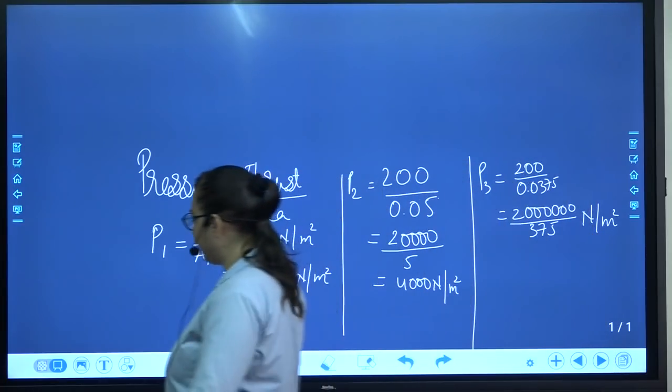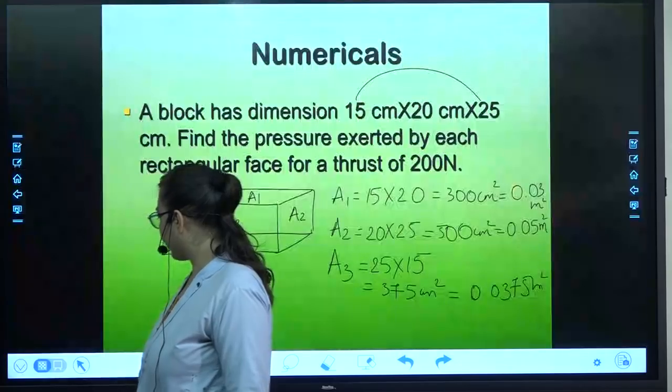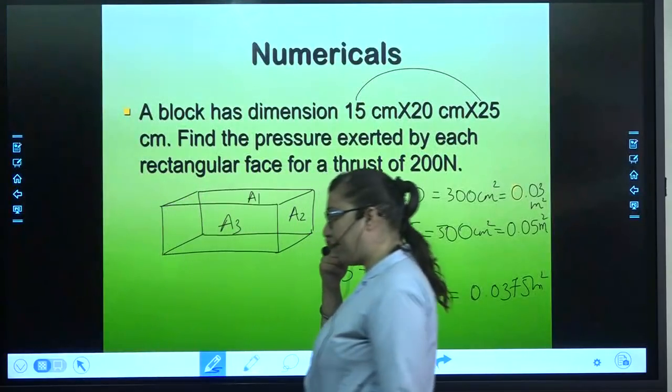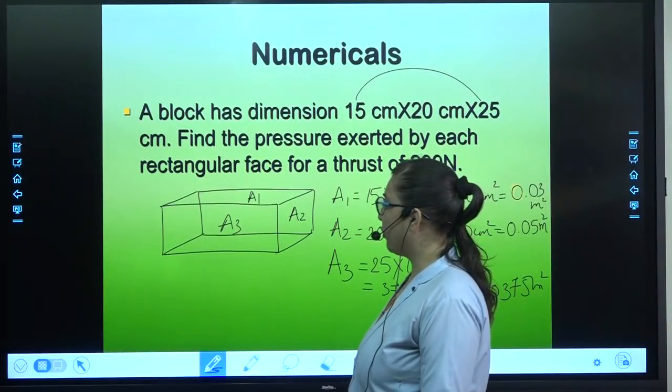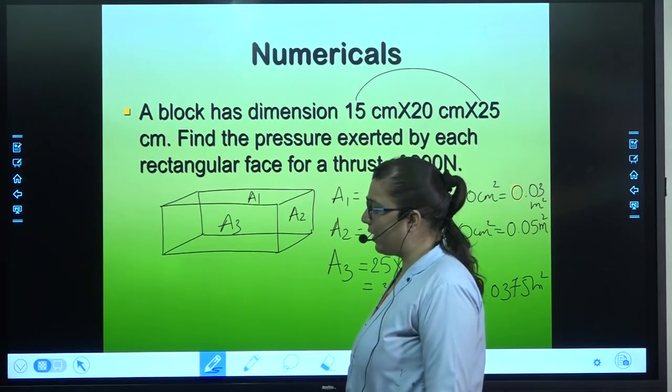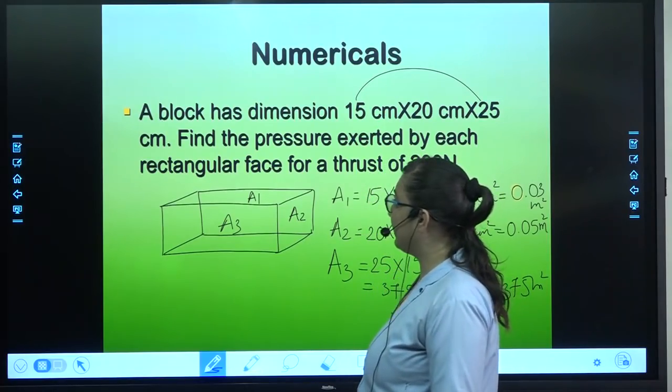First copy this part, then the next one. First copy this much area wala part, then I'll switch the board for you. So be quick and note down the next numerical, then we'll move further.